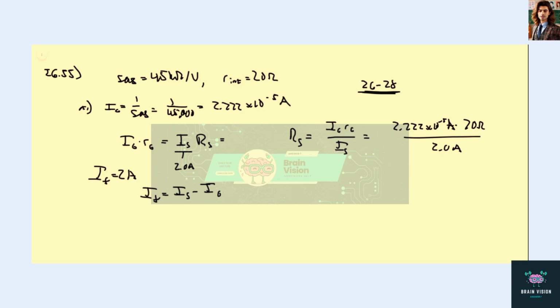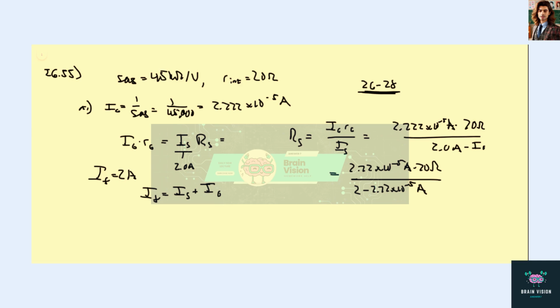So this Is is actually 2 amps minus Ig. That should be a plus, sorry. So this is 2.22 times 10 to the negative 5 amps times 20 ohms all over 2 minus 2.22 times 10 to the negative 5 amps.